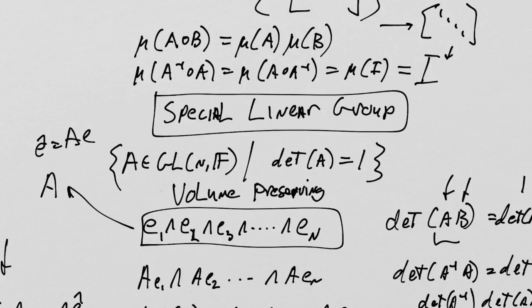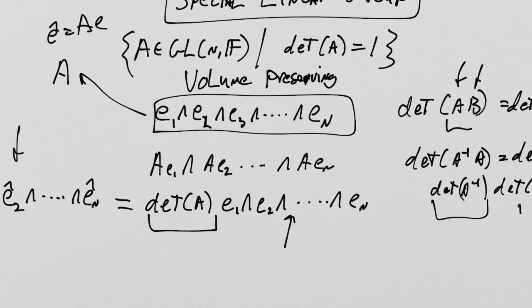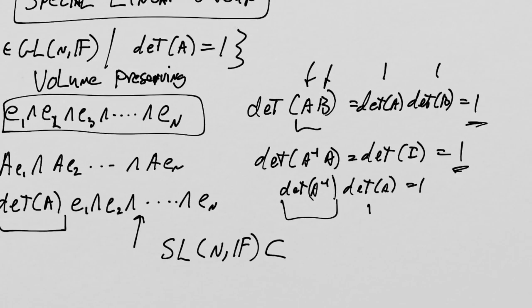So that's our first important subgroup. That's now the special linear group in n dimensions over the field, and it is a subgroup of the general linear group in n dimensions over the field.